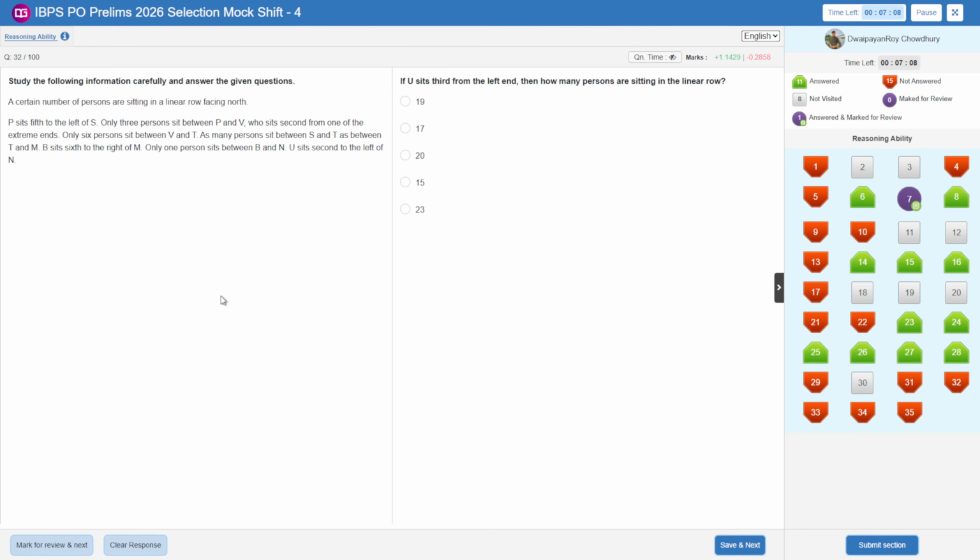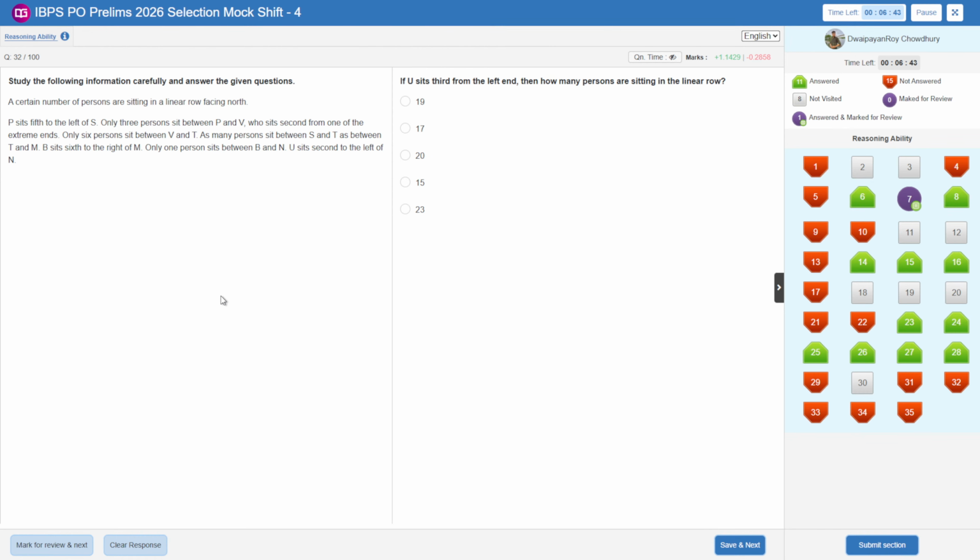Okay, then V 3%: 1, 2, 3. P only 3%. Okay, P sits fifth to the left of S: 1, 2, 3.